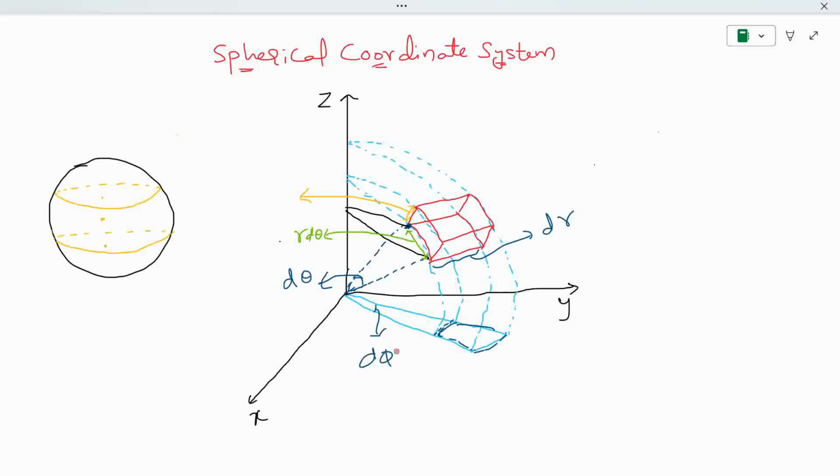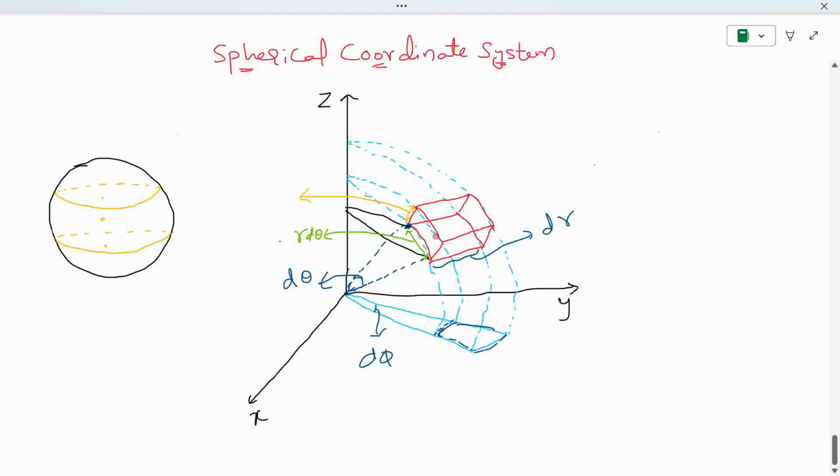So, I have drawn here a small volume element of a sphere. Basically, the sphere is like this, and when we map these Cartesian coordinates with the spherical coordinates, then we can understand how to use the spherical coordinates.